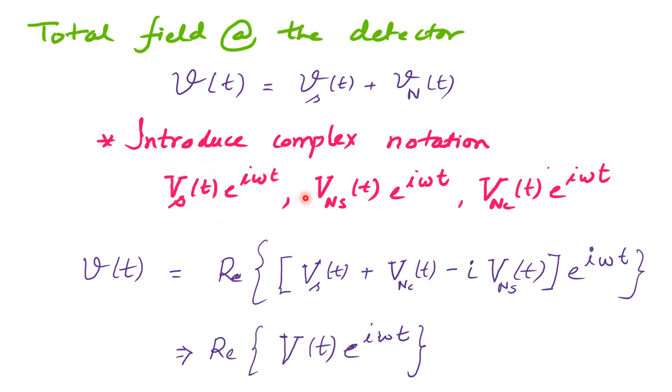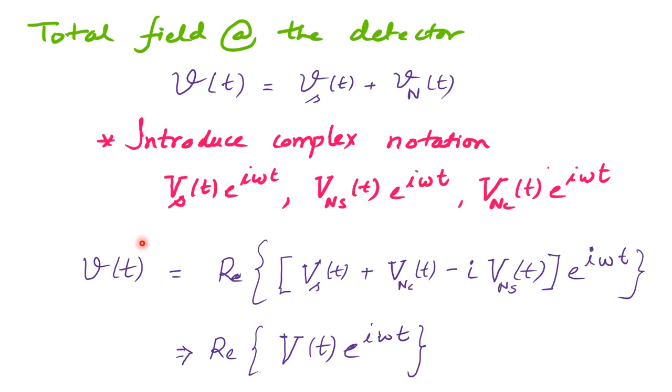Similarly, if I'm looking at the in-phase and the quadrature parts, again, let me re-emphasize that V_S of t, the capital V_NS of t, and the capital V_NC of t, all three of these quantities are the same as we considered for the real signal.